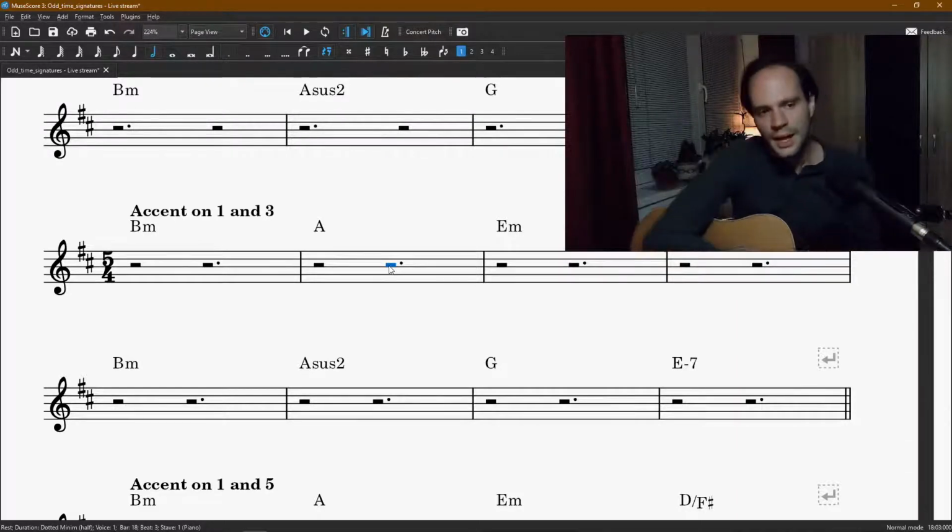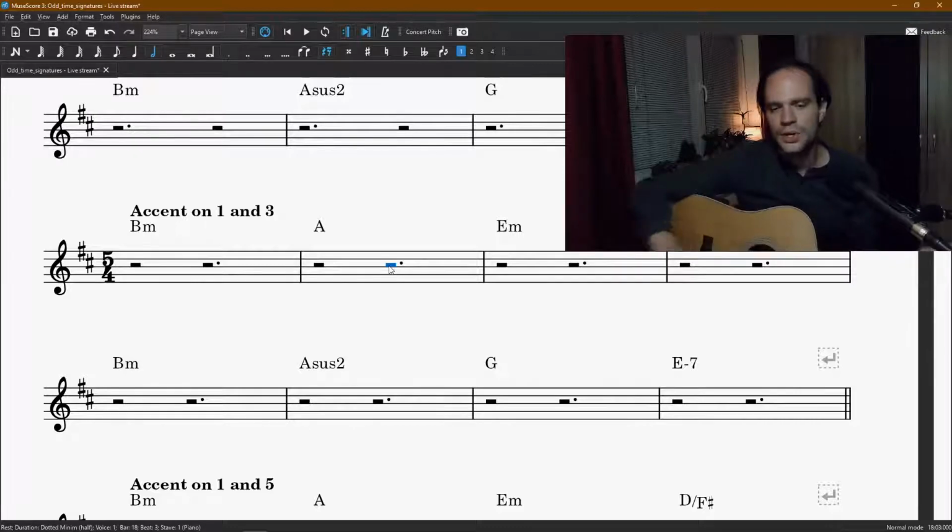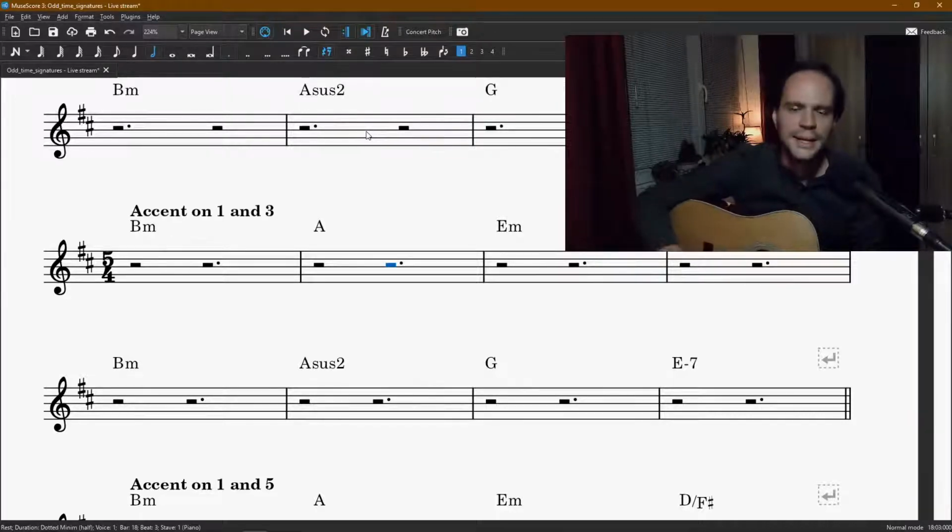And what I can understand, if you have a question, is why would you want to have odd time signatures? Because actually, they're a bit more difficult to play along to because you need to count. It's not as easy as when you're in 4/4, where you can just play along with the band without really noticing what you're doing.